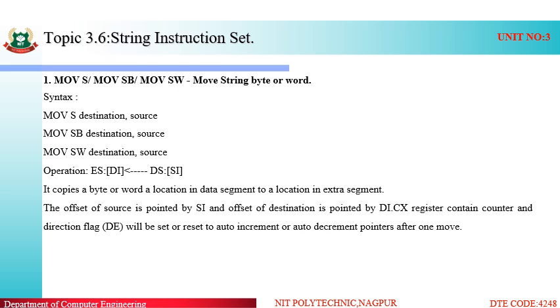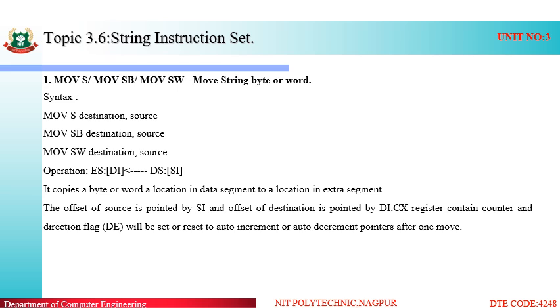Now here we only have to specify MOVS, MOVSB or MOVSW, because internally all the string related operations are performed in index registers, that is source index and destination index.